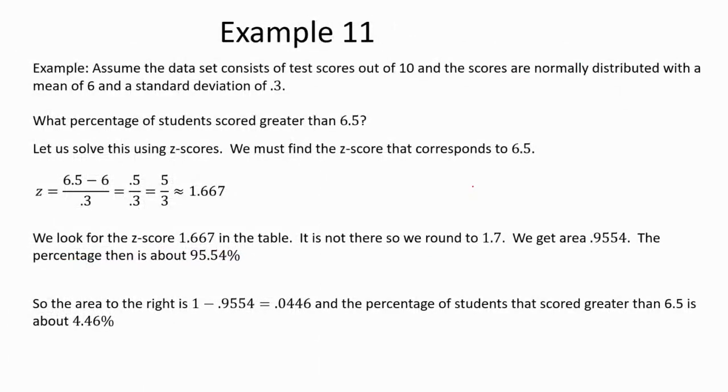Let's do another example. Let's assume now that, again, we have these test scores. The test is out of 10. This is the same thing from before. The mean is 6, and the standard deviation is 0.3.